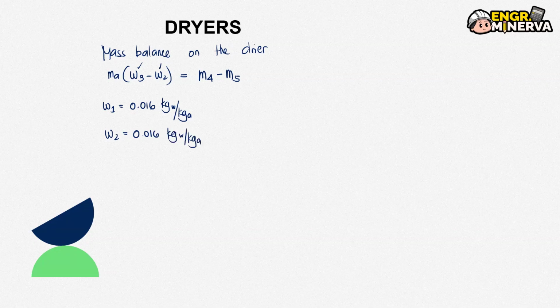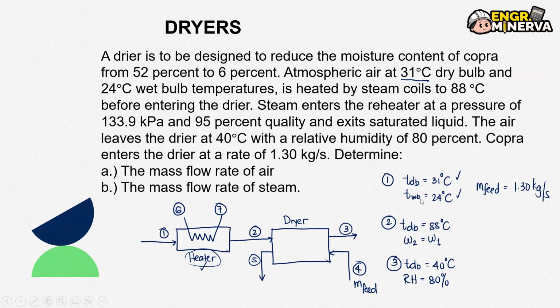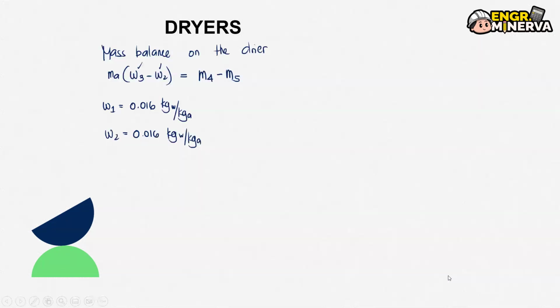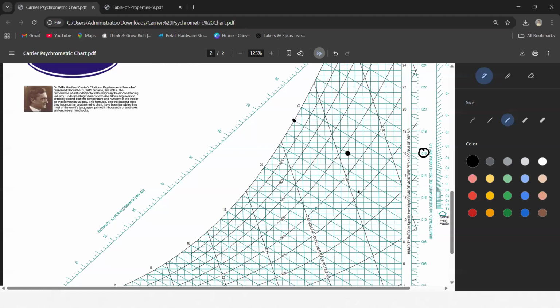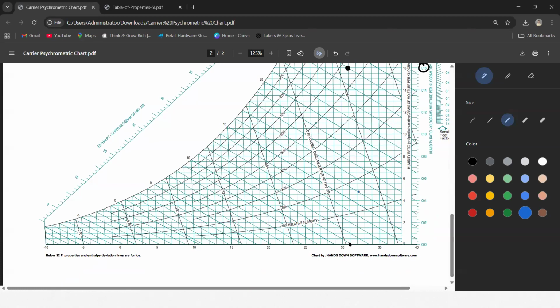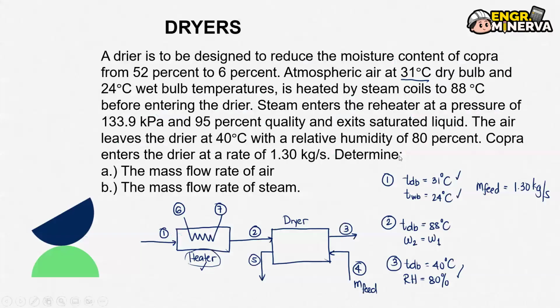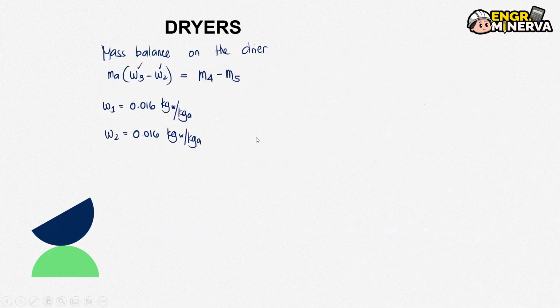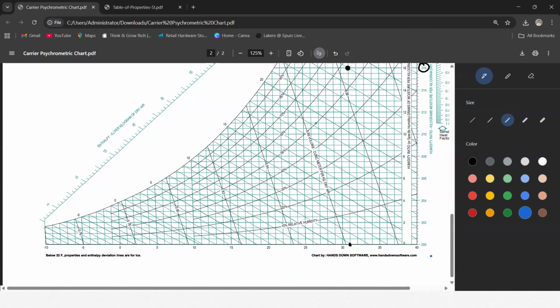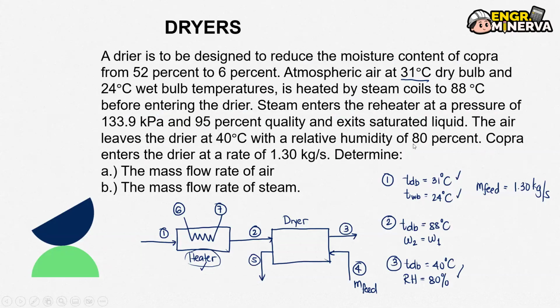Okay, next, we need to get W3. To get W3, we have here 40 degrees Celsius and 80% relative humidity. From our graph here, 40 degrees Celsius is on the last part, then 80%.